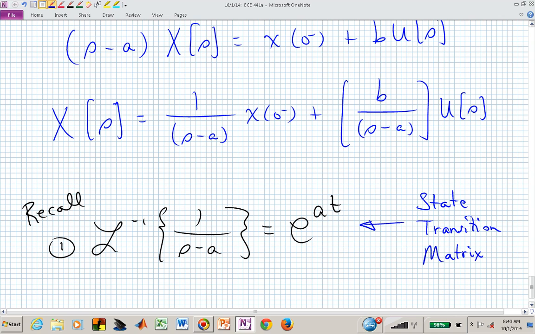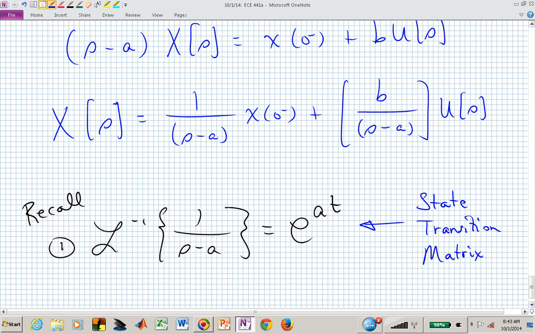That tells us how the dynamics of our system behave, how they transition. If a was minus 2, then we know if we went up and kicked our system, it naturally would decay as e to the minus 2t. If a was minus 10 and we kicked our system, or we established an initial condition, we would decay at e to the minus 10t.